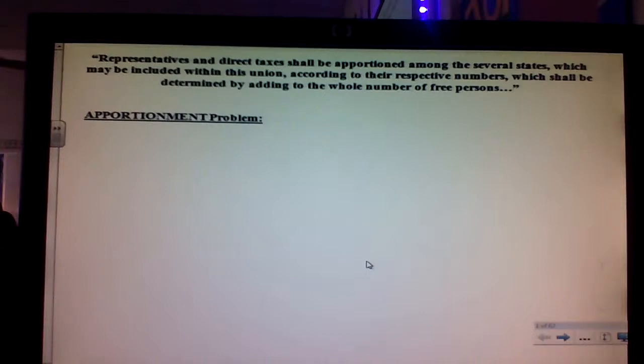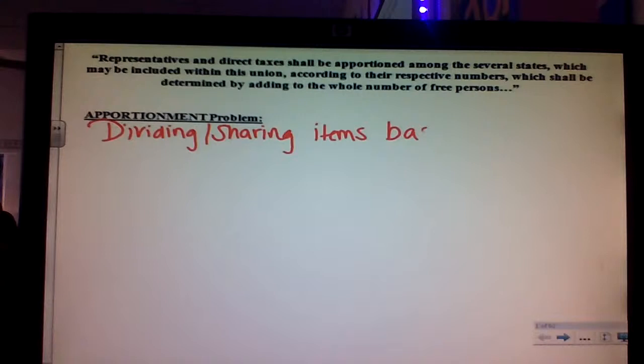So, apportionment is dividing or sharing items based on additional information.